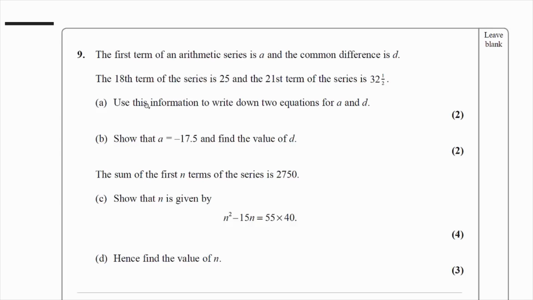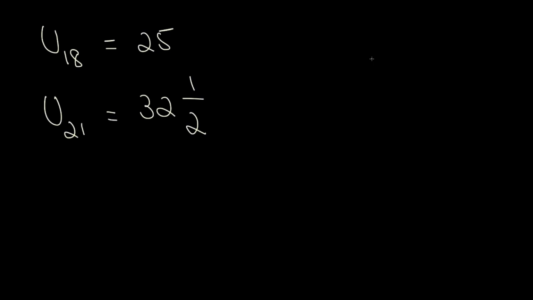Here, the examiner is really just testing your knowledge of how to write terms using this notation, A and D, where A is the first term of the series and common difference refers to D. Here, the examiner is testing your knowledge of the formula Un equals A plus n minus 1 D, where A is the first term, n is the term being referred to, and D is the common difference between terms. That is what the examiner is testing you on.